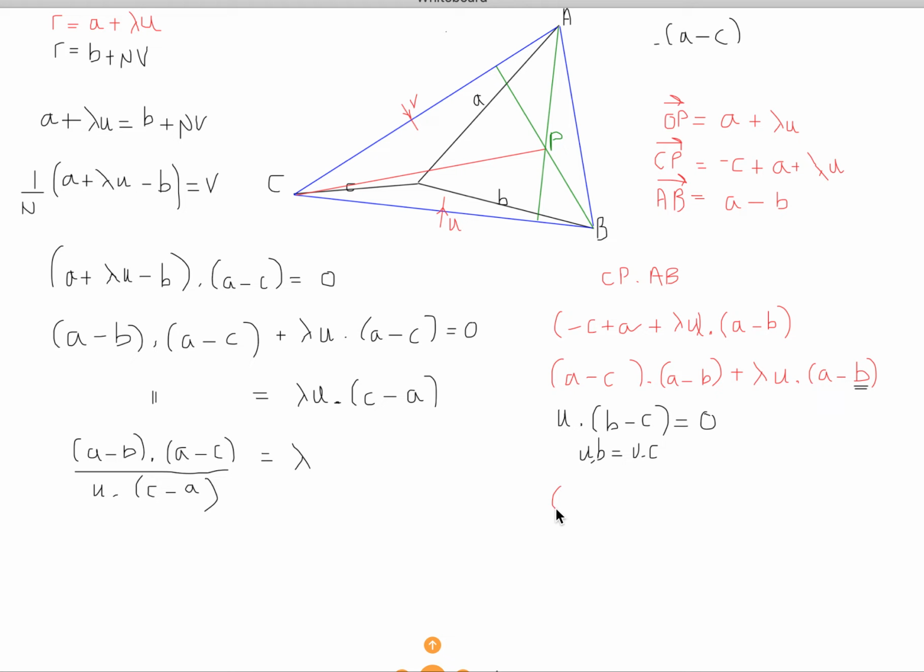Right, so A minus C dot A minus B plus lambda U dot A minus C. Well, we can factor out that A minus C. Speaking to the A-level students here, you don't really get much practice at A-level of dealing with algebra with these vectors and dot products.